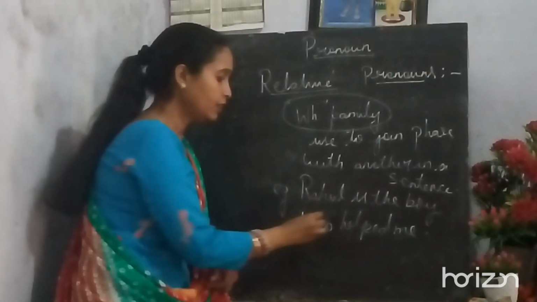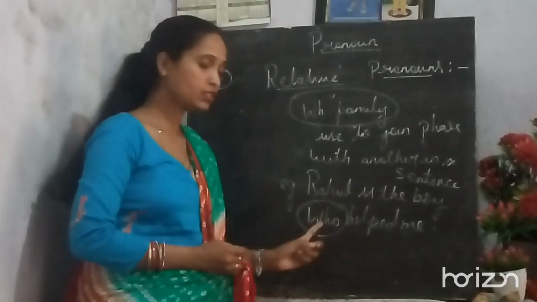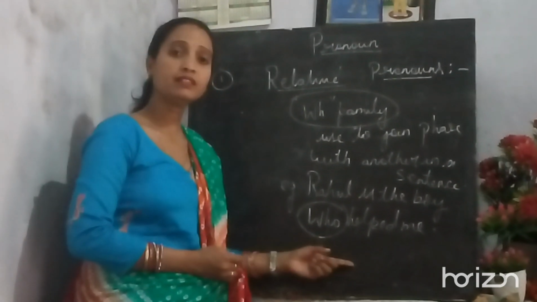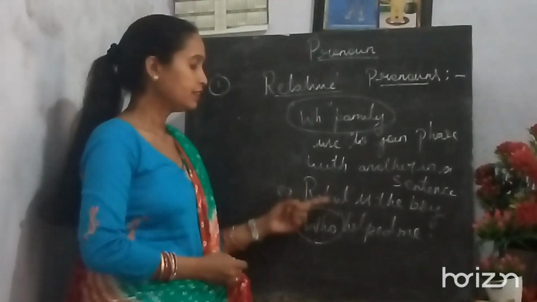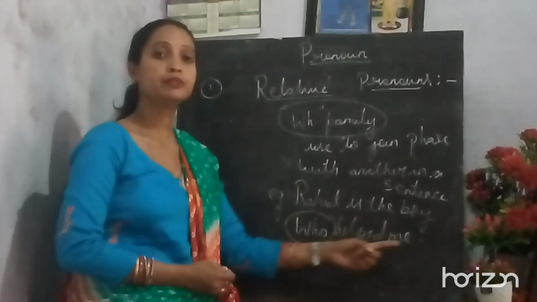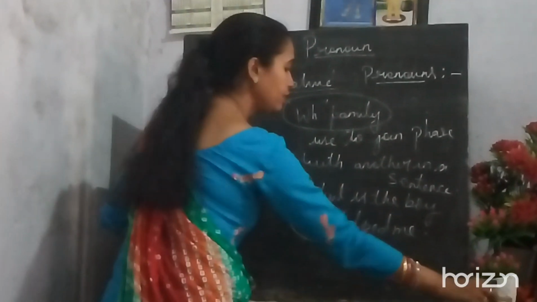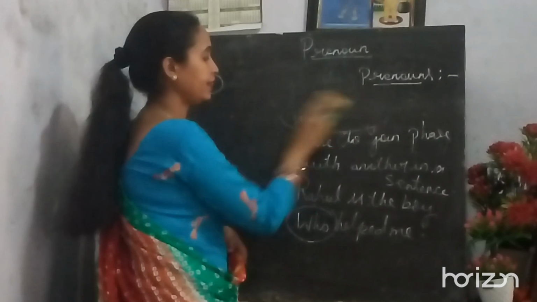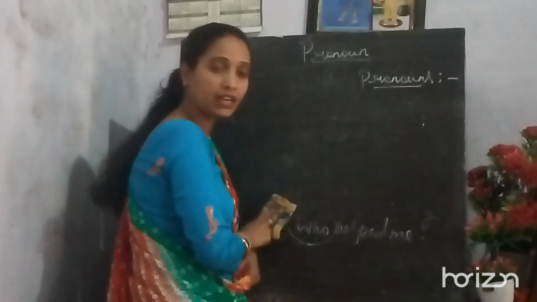Here who is a relative pronoun. It also starts with WH, but in this statement they are not asking a question. Here it is creating a relation, that Rahul is the person who helped me. Clear?